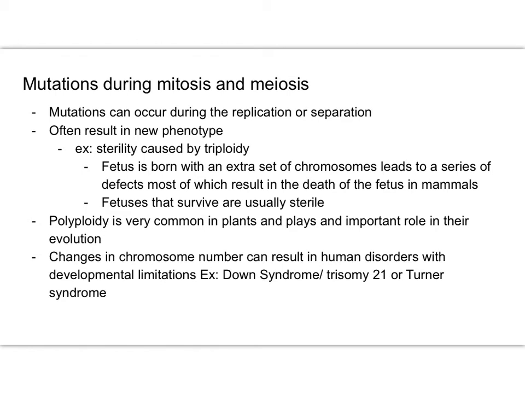For example, a triploidy, so instead of having chromosome pairs, you end up having a triplet, like in Down syndrome, where you have trisomy 21. So the fetus is born with an extra set of chromosomes, which will cause a number of defects and sometimes can result in the death of the fetus.